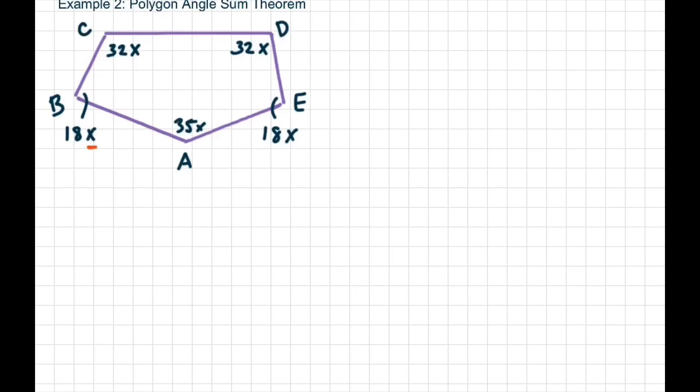So here I have 1, 2, 3, 4, 5 sides. So I know that n is going to be equal to 5. So when I set up my equation, I get 5 minus 2 times 180.